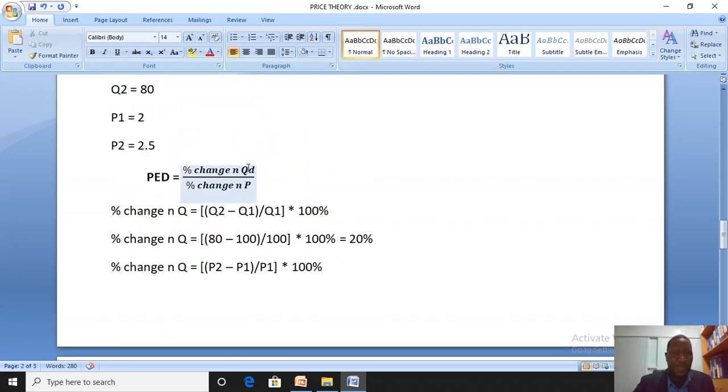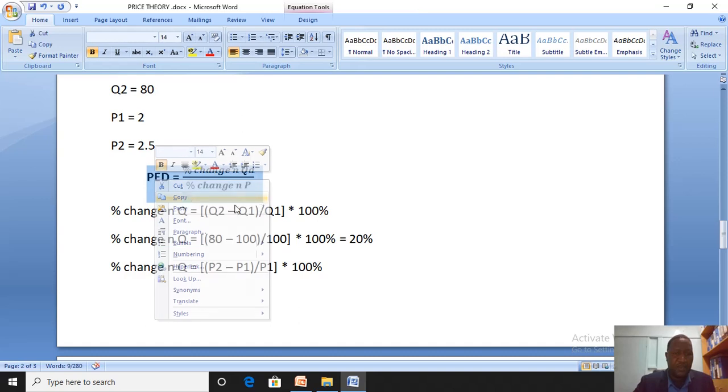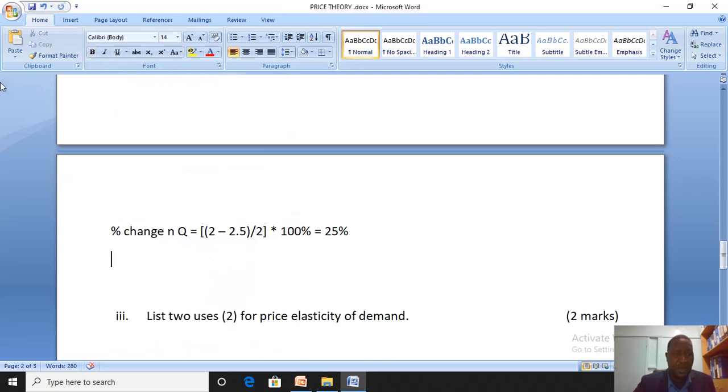So back to the formula. PED is the percentage change in quantity demanded over the percentage change in price.